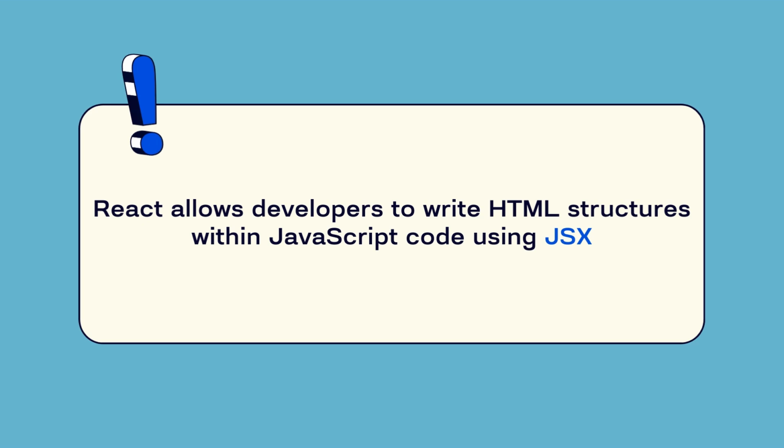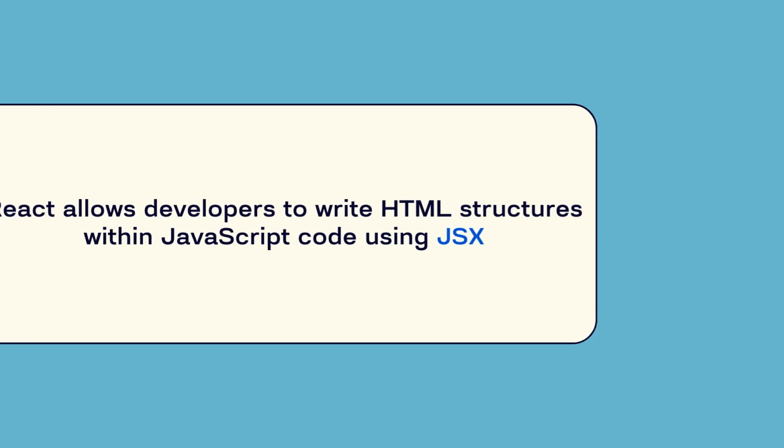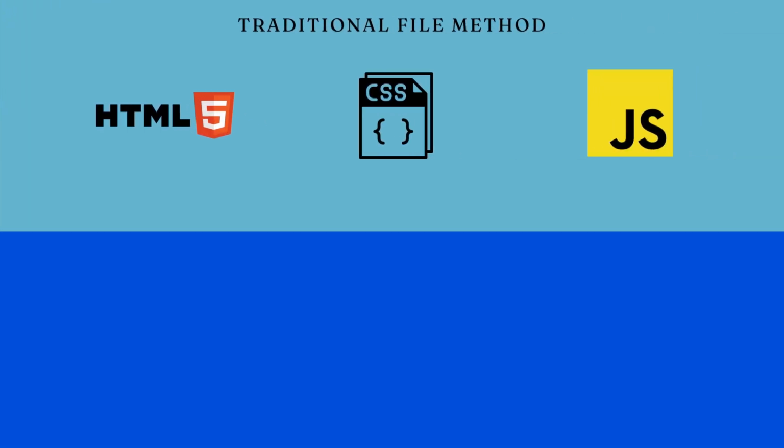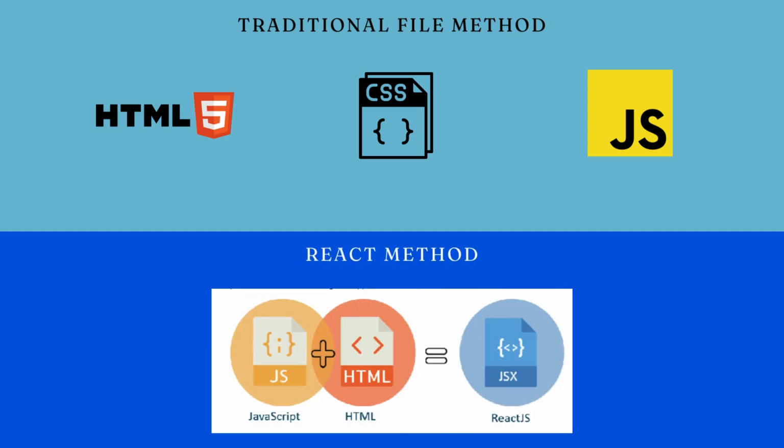Another one is the fact that React allows developers to write HTML structure within JavaScript code using the JSX file format. In vanilla JavaScript, we write an HTML file separately, a CSS file separately, and a JavaScript file separately.